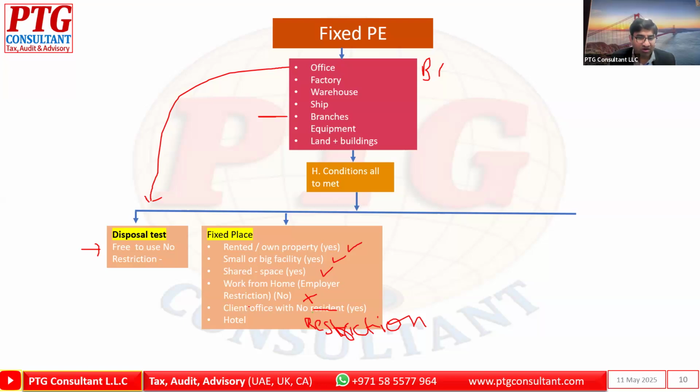If we go to the government offices, they open at 7:30 and close at 2:30. After that, you cannot sit over there. So this is the restriction. Now the point is, if you are using the client office and they are saying no restriction, then yes, it will be PE. If there is a restriction, you have to follow their rules and regulations, then it would not be part of PE.